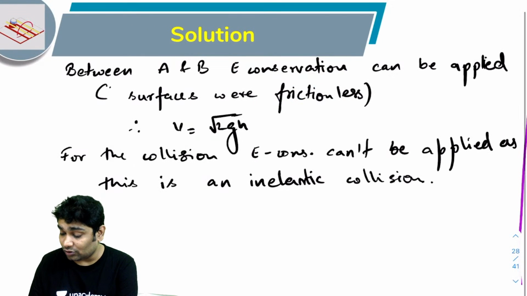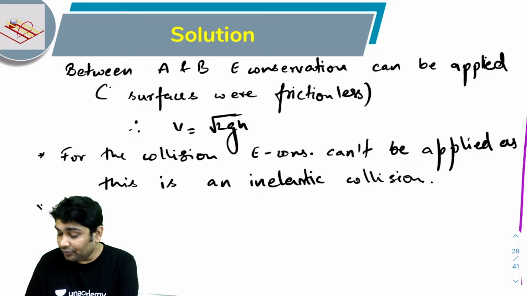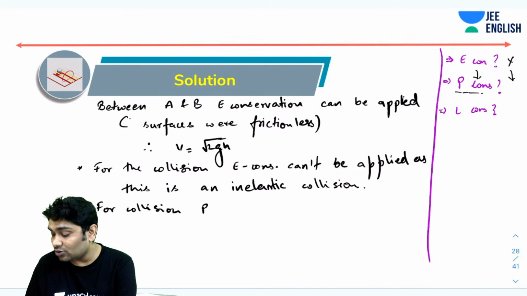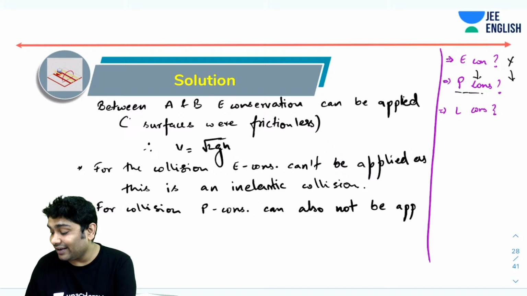Let's write that also. For collision, P conservation can also not be applied. Again, why?